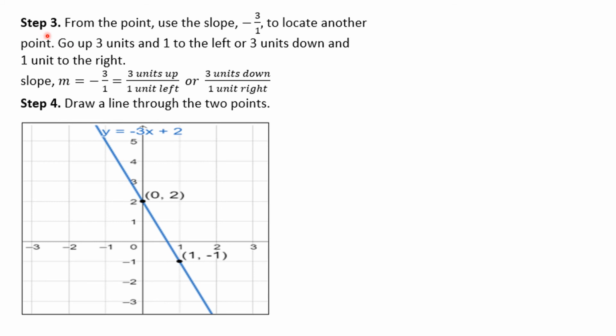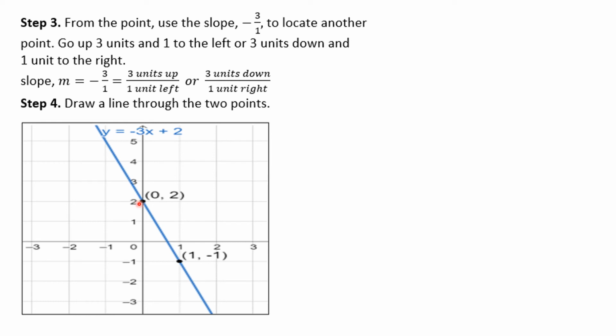Okay, so for the step 3 is, from the point, use the slope negative 3 over 1 to locate another point. So, ang aton kagina nga point is 0, 2. So, amo ni siya aton starting point. So, pwede kita ka go up 3 units and 1 to the left, or pwede man kita ka 3 units down and 1 unit to the right.